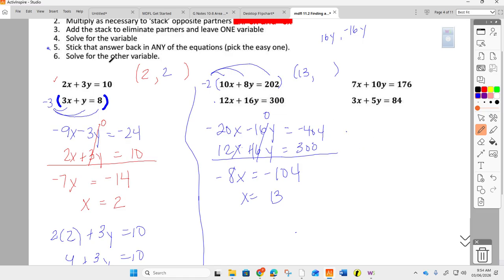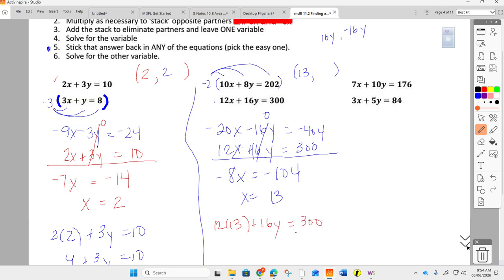and we can plug it back in to solve for y. It doesn't matter which one. I did the first one here, so I'll do the second one here. This says pick the easy one, but honestly we could use a calculator, so they're all easy if you use a calculator. So let's do 12 times 13 plus 16y equals 300.